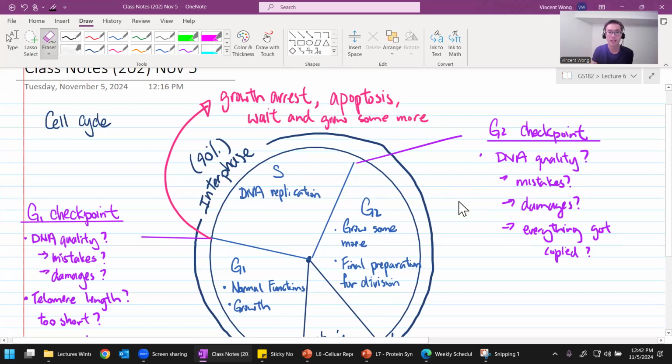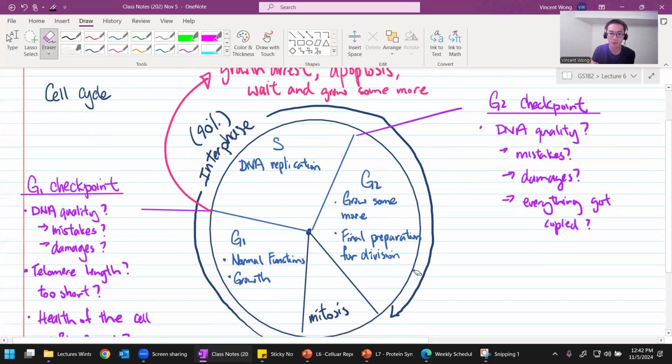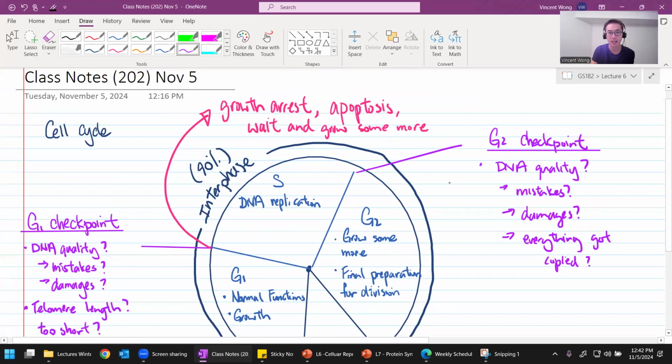Okay. And if it's good, then again, green light, go ahead, make the final preparation, and then you're going to get to the mitosis, the actual division. All right. If you have mistakes, then you try to repair them. And if they cannot be repaired, then it goes here. So this is if G2 fails. Right? This is if G1 fails.